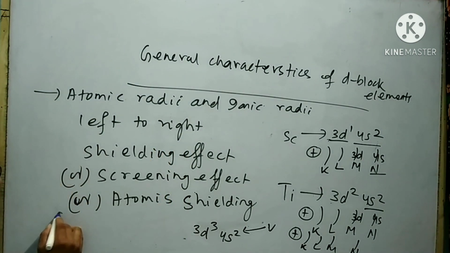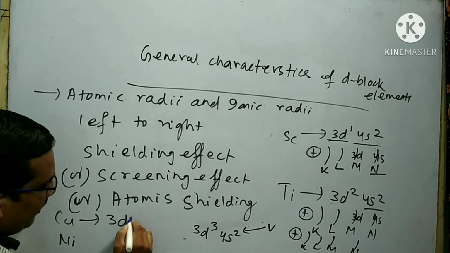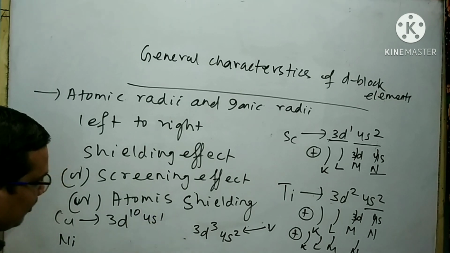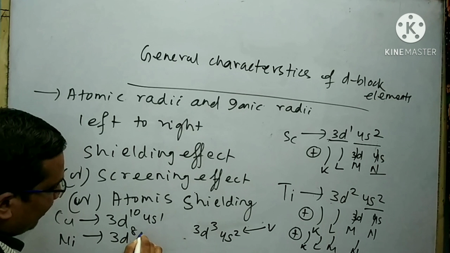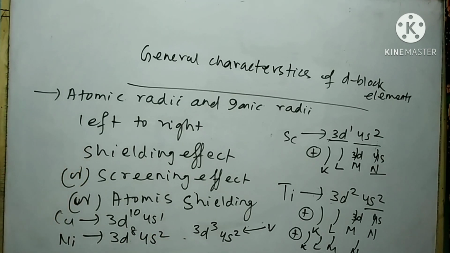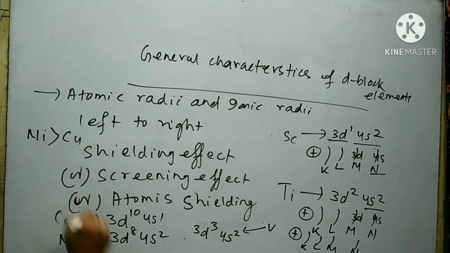If you think about copper and nickel, copper has the electronic configuration 3d10 4s1, and nickel has the electronic configuration 3d8 4s2. According to the concept, the atomic radius of nickel should be greater than copper, but in this case copper has the larger atomic radius as compared to nickel.